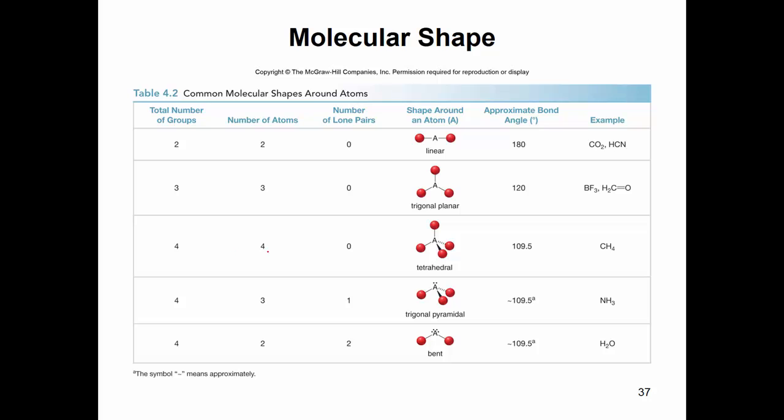If we have 4 groups around an atom and no lone pairs, this is tetrahedral, 109.5. And then if we have 1 lone pair and 3 bonded groups, we get trigonal pyramidal. So we make sort of a pyramid shape there. And then if we have 4 total groups, but 2 are lone pairs and 2 are bonded, then this would be a bent geometry.